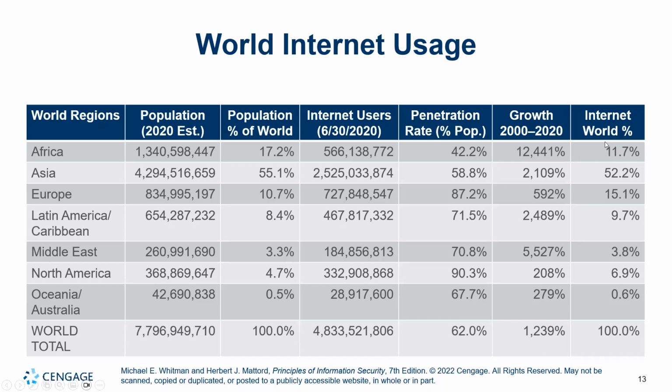So the percentage of worldwide internet use: Asia takes 52.2% of internet resources, Africa 11.7%, North America 6.9%. That's not a very high percentage when you think about it. The growth between 2000 and 2020 is also significant. The Middle East and Africa, their growth rates are exploding.